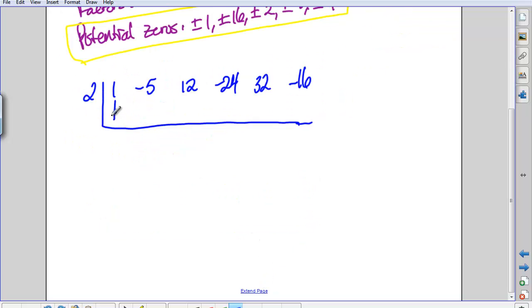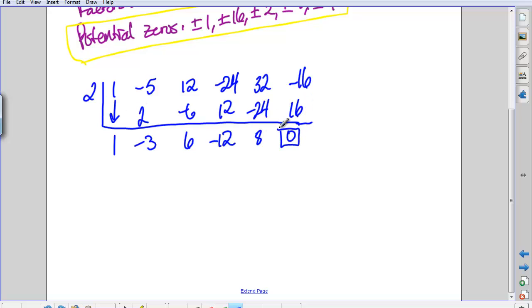We bring down the 1. 2 times 1 is 2. We add that, we get negative 3. Multiply, negative 6 plus 12 is 6. Multiply again, 12 plus negative 24 is negative 12. Multiply again is negative 24. Add that, we get 8. 2 times 8 is 16, and a remainder of 0, just like we expected.